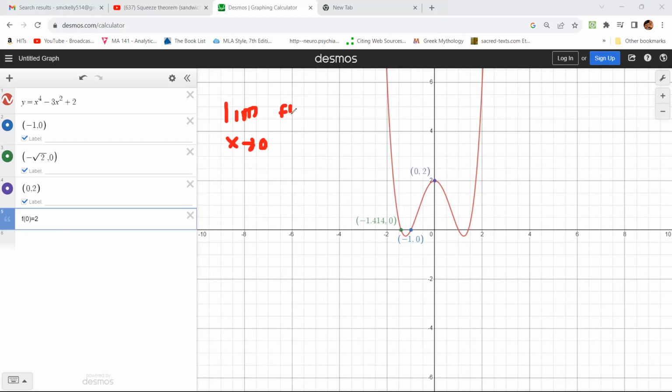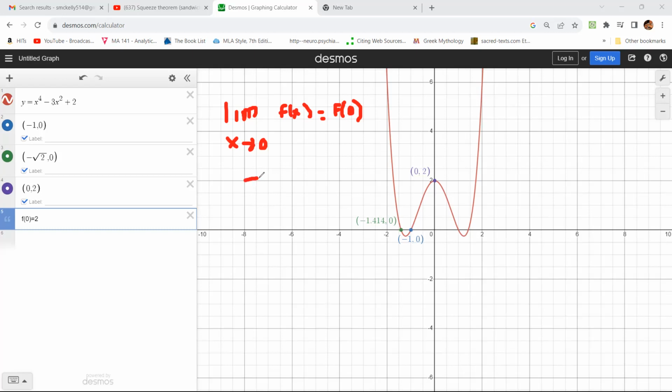Mm-hmm. Now, that 2 is equal to f of 0, right? Mm-hmm. F of 0, and f of 0 is 2.